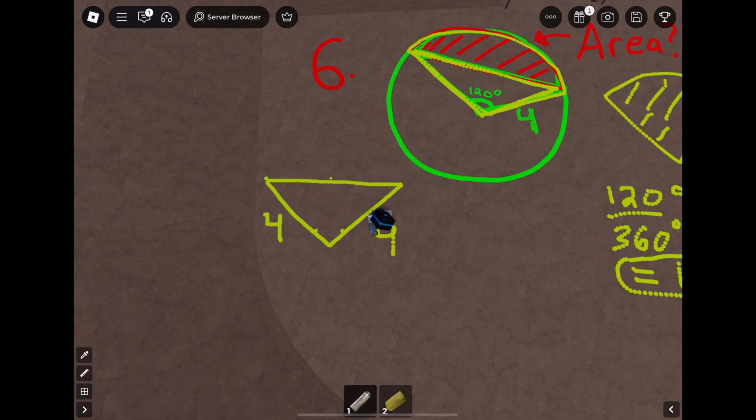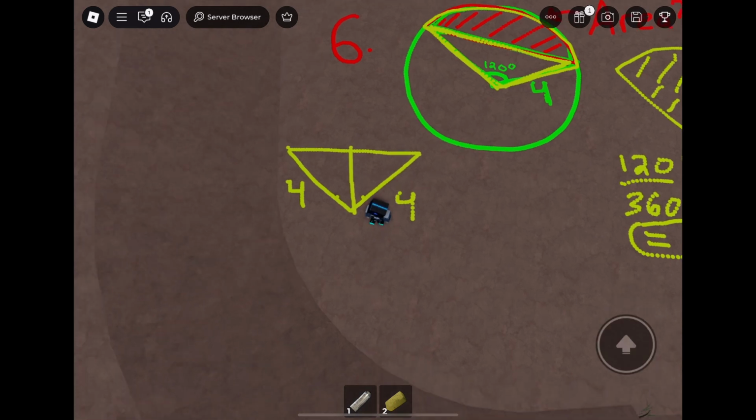So I'm going to cut it like this. And now I need to think about what happens. I've cut this angle in half here, so I know it's 60 degrees. This angle is just 90 degrees, right? Because I just drew a perpendicular to that line. What does that mean for this angle? Well, all the angles in a triangle sum up to 180, so 90 plus 60 plus 30 would get you 180. So this is a 30-degree angle.